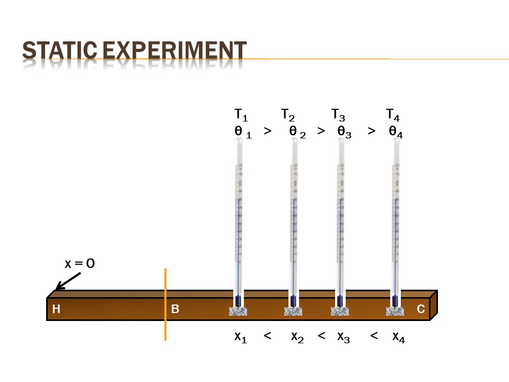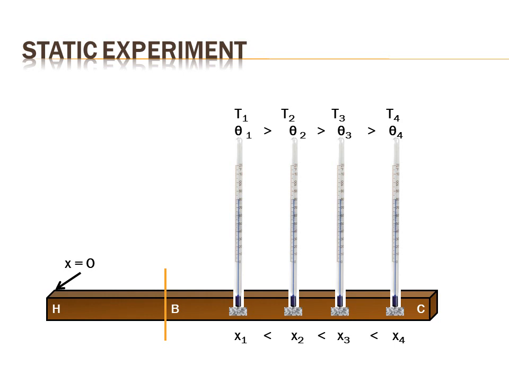The temperatures are indicated by the thermometers T1, T2, T3 and T4 as theta 1, theta 2, theta 3 and theta 4. Theta 1 is greater than theta 2, which is greater than theta 3, and theta 3 is greater than theta 4.